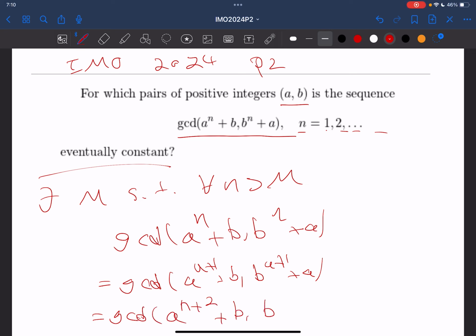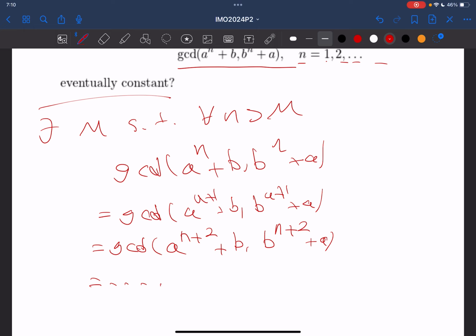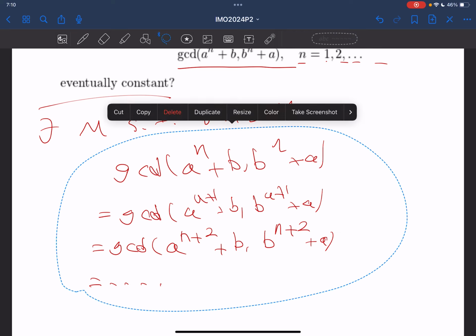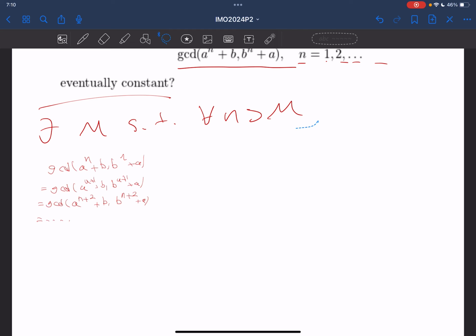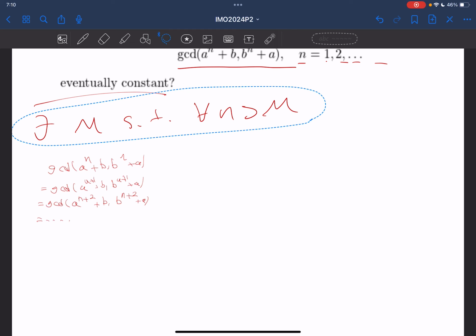And this would be true for any n larger than m. I can just continue this for any value larger than m. So this is basically what eventually constant means here.